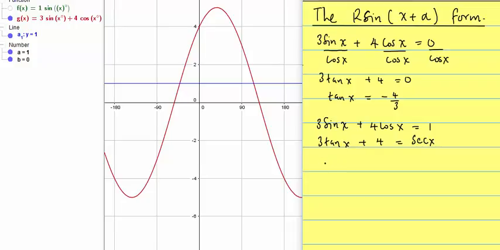A graphical analysis of the situation here is key to our understanding of the method that we're going to derive today. So if I plot the graph y is equal to 3 sin x plus 4 cos x and the line y is equal to 1, you will agree with me that the points of intersection of these two graphs here will give us the solution of our original equation that is marked here.